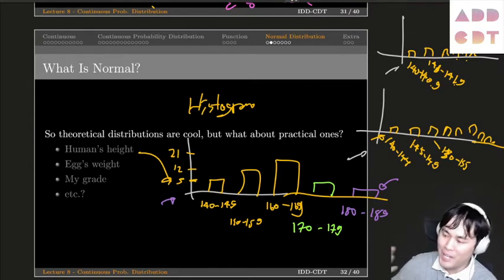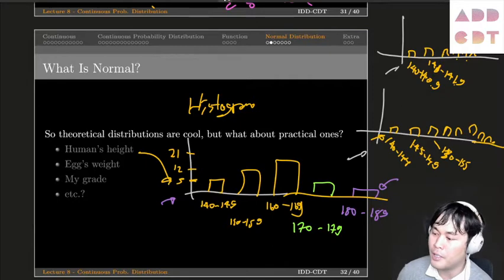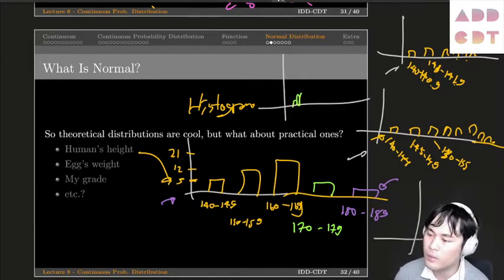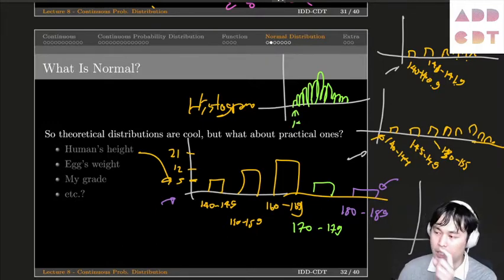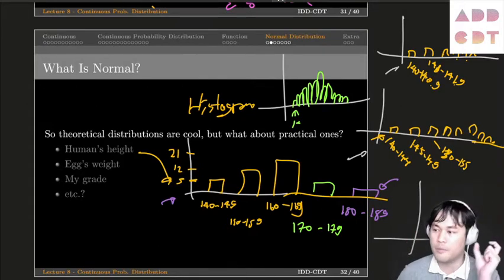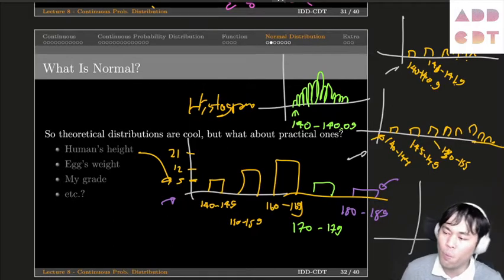And if you have enough information, and if you keep repeating this over and over, you will notice something. Eventually the curve would look like that. Suppose each bar contains all the heights with an interval of size 0.1. Maybe the first is 140 to 140.09, for example.